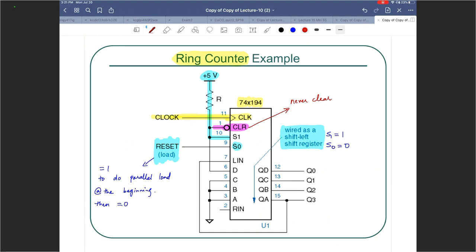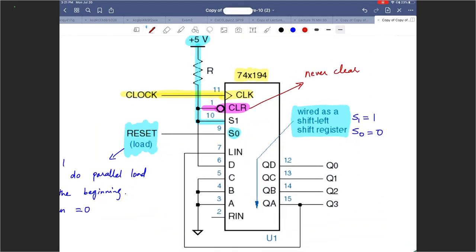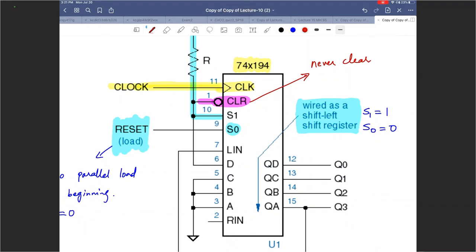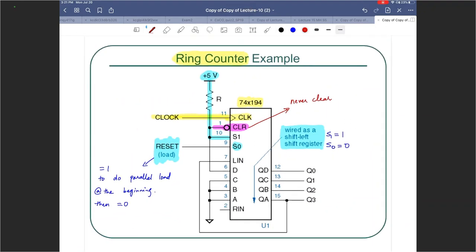We have hardwired D to +5, as you can see, so D is equal to 1, hardwired. C, B, and A are hardwired to 0. The left input is hardwired to QA.